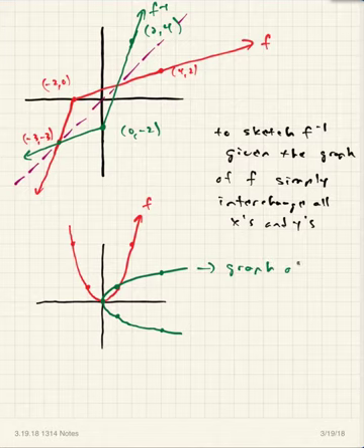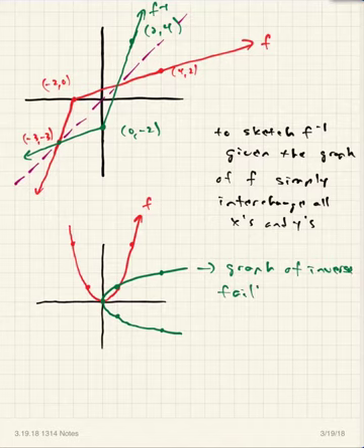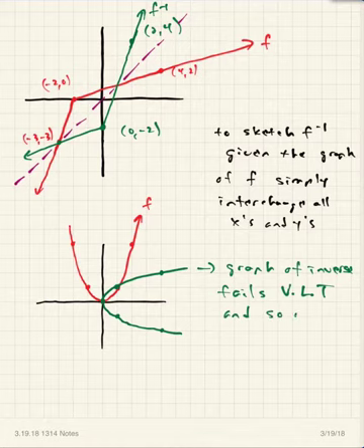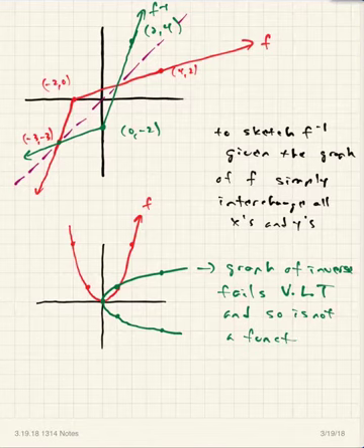The graph of the inverse, though, fails the vertical line test. Fails VLT, remember that's the vertical line test. And so is not a function. Now when we talk about inverses, we want to limit ourselves to functions whose inverses are functions, right?